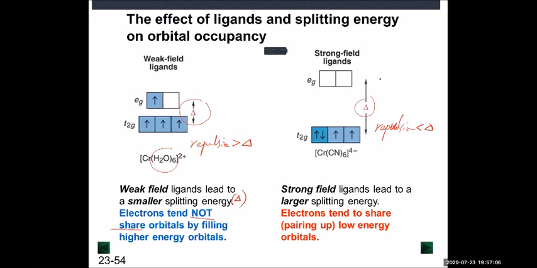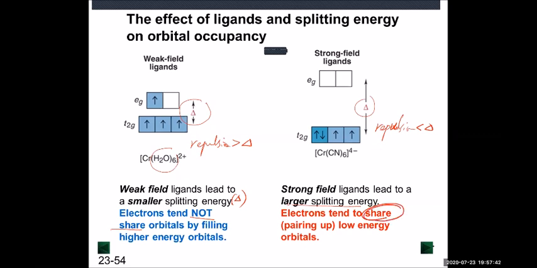The repulsion is less than the splitting energy, and that will make the electrons tend to pair, because to pair, you need to overcome a smaller energy cost instead of taking a different energy level. To take a higher energy level, you also need more energy. So strong field ligands tend to lead to a larger splitting energy, a bigger gap, and electrons tend to share.